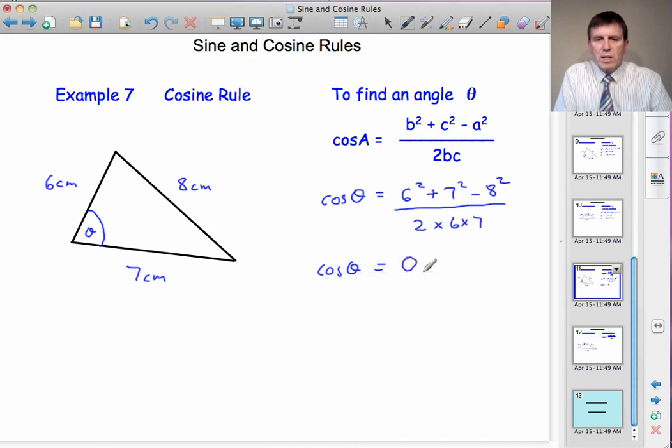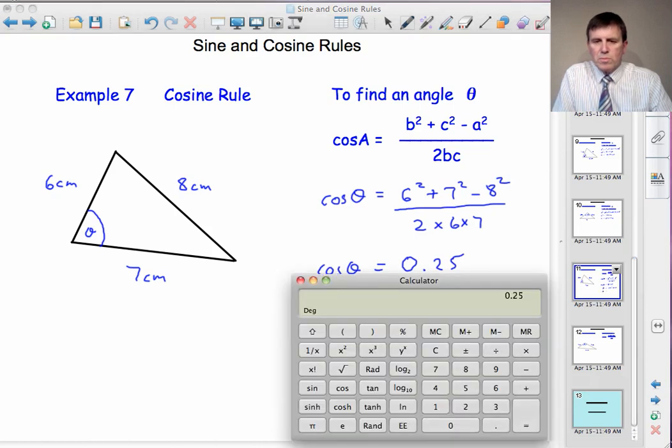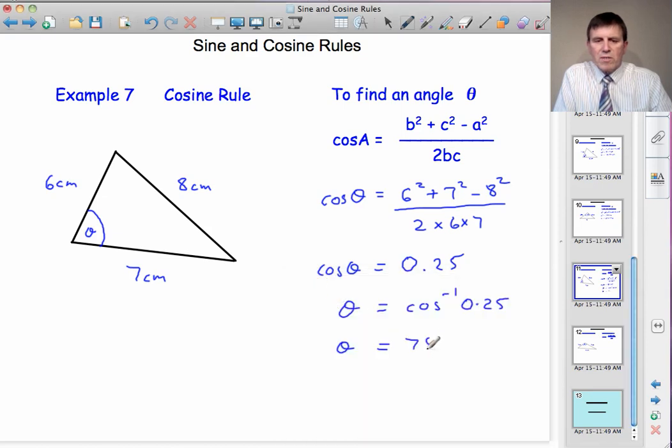So cos theta is 0.25, which means that theta is cos the minus 1 of 0.25. Cos the minus 1 of that is 75.5 degrees. And I'm sure you'll be glad to know there's no ambiguous case of the cosine rule. It always gives you the answer that you need.